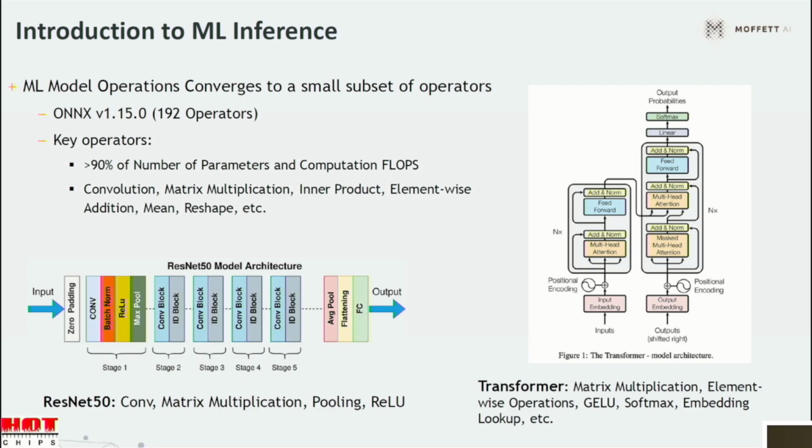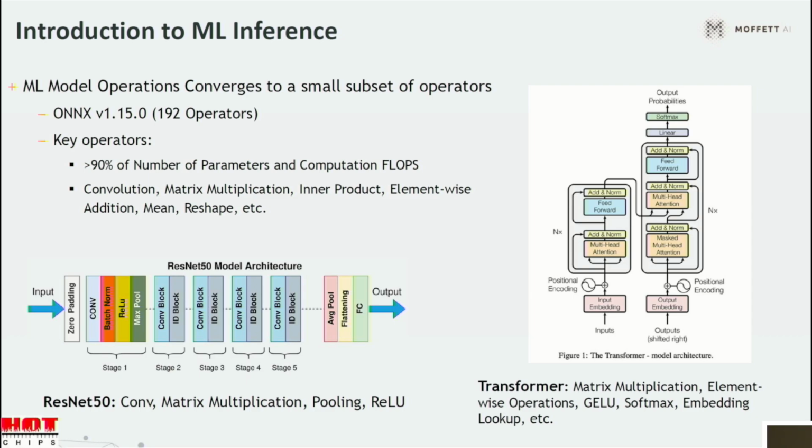Also, inside these 192 operators, there are some very basic operators like convolution, matrix multiplication, inner product, element-wise addition, mean, reshape. These take more than 90% of the number of parameters and also computation FLOPs.